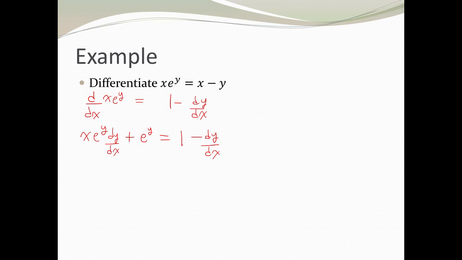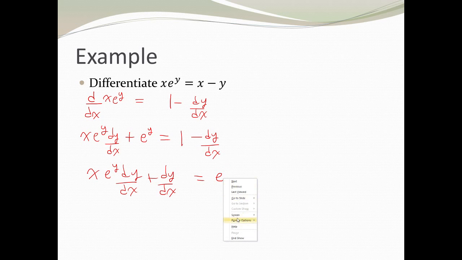Now we have to isolate the dy dx terms, so we'll move this term to this side, and we get x e to the y dy dx plus dy dx equals 1 minus e to the y.